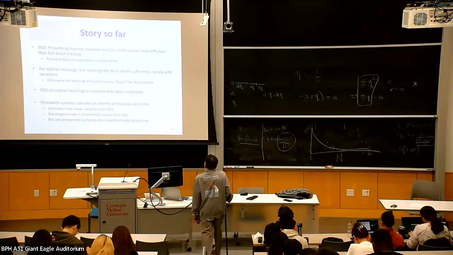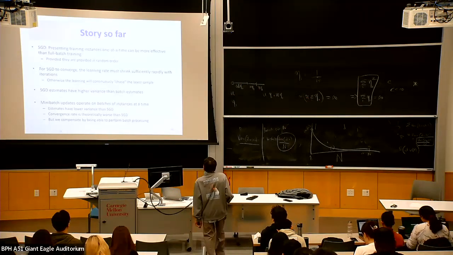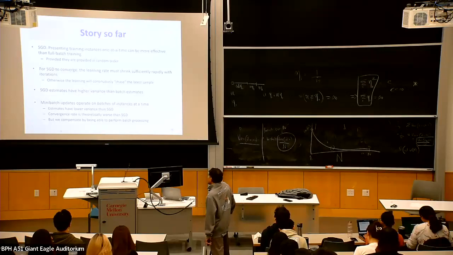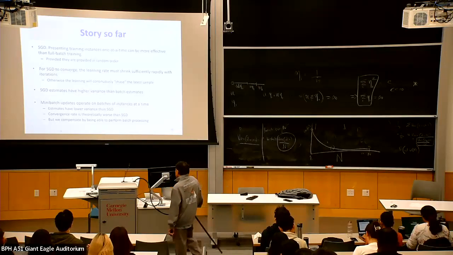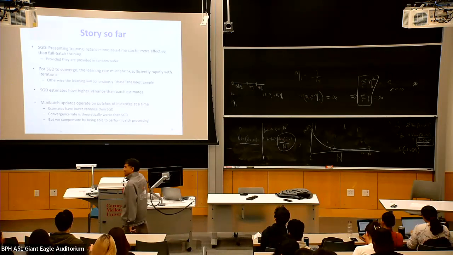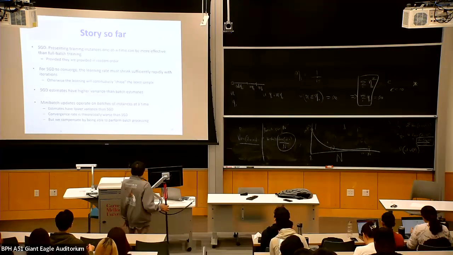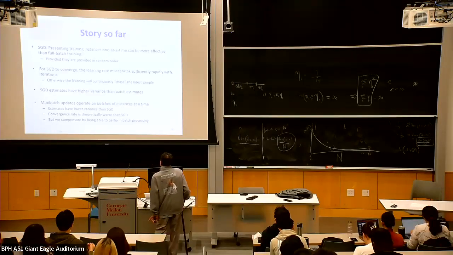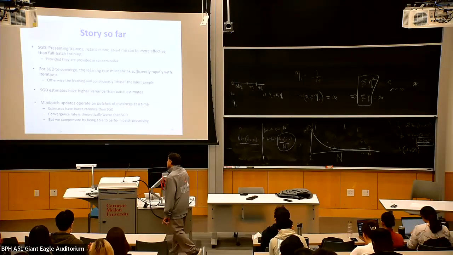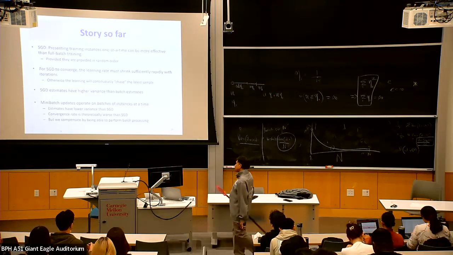So here's the story so far. Presenting training instances one at a time can be more effective than full batch training, provided they are presented in random order. For SGD to converge, the learning rate must shrink sufficiently rapidly with iterations, otherwise the learning will continuously change the latest sample.